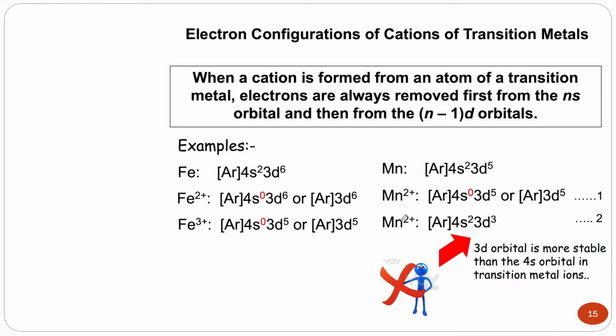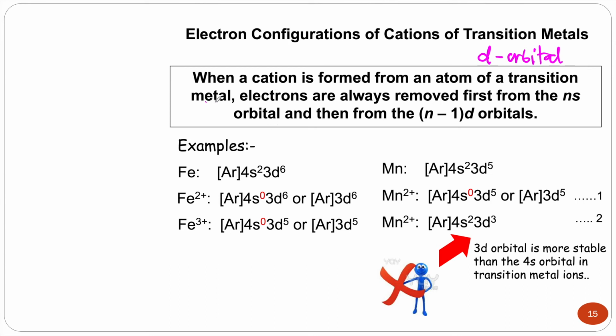Then, other than that, we go to the electron configuration of cations of transition metals. In this one, this is where we are dealing with the d orbital. Before that, how do we write down the electron configuration for the transition metals?